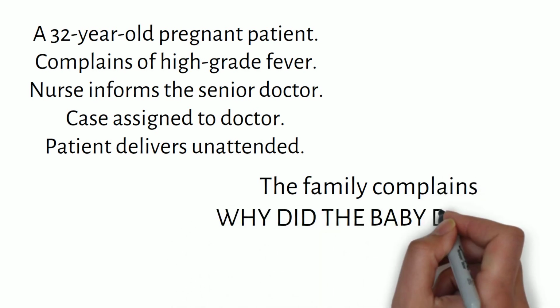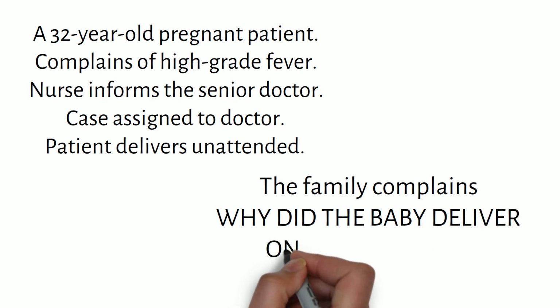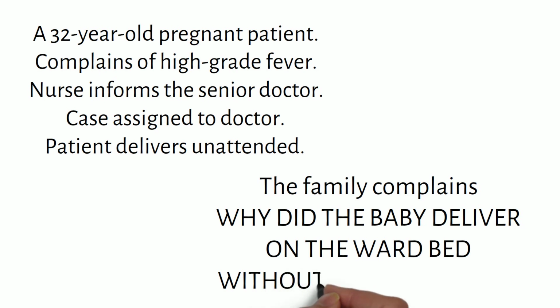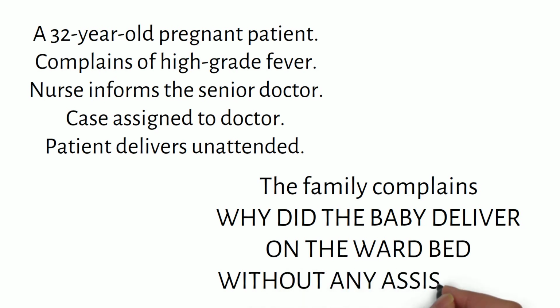The doctor assigns the case to the house job doctor to quickly admit the patient to the ward, take a history, send investigations, and start fluids intravenously as well as antibiotics. She asks the doctor to do a CTG and to stay with the patient until the first set of investigations come back.